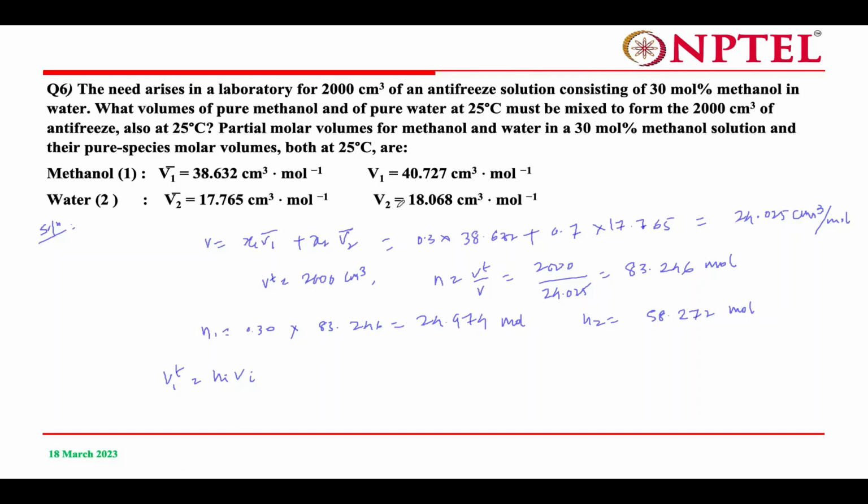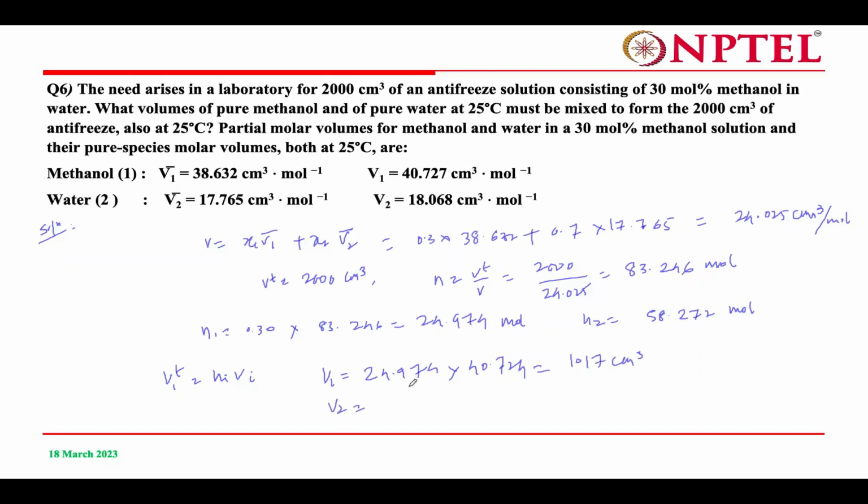Here V1 and V2 are given, and we calculated N1 and N2. Now V1t for methanol is 24.974 times 40.724, equal to 1017 centimeter cube.